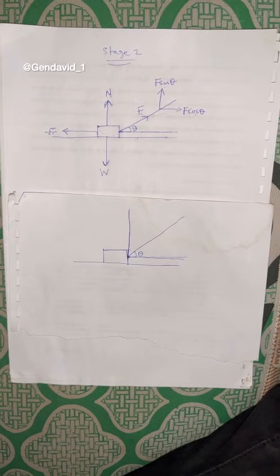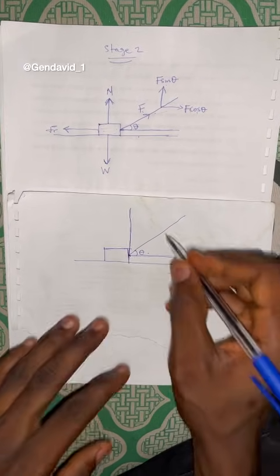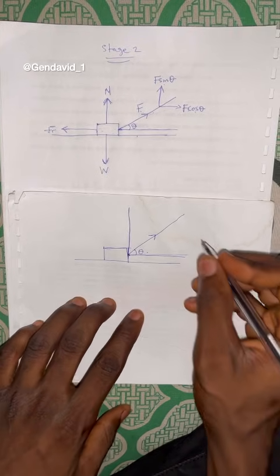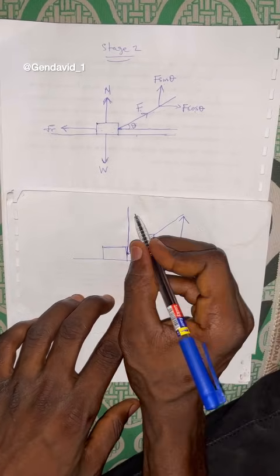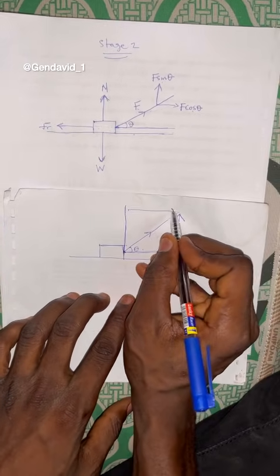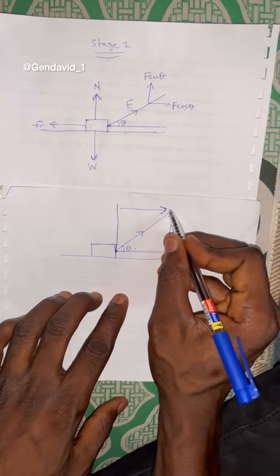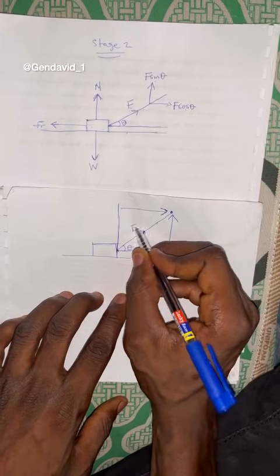Now, you will all agree with me that if the theta is here, the force is going like this. Then the vertical component of this force will be like this, and the horizontal component will be like this, because both horizontal and vertical will meet at the particular point towards which this force F is going.